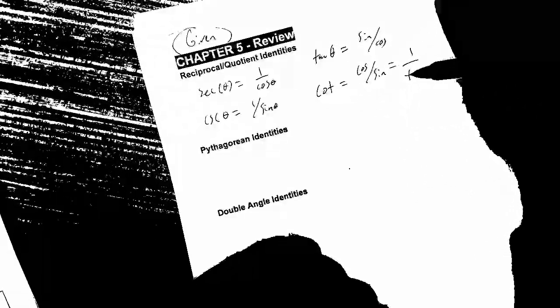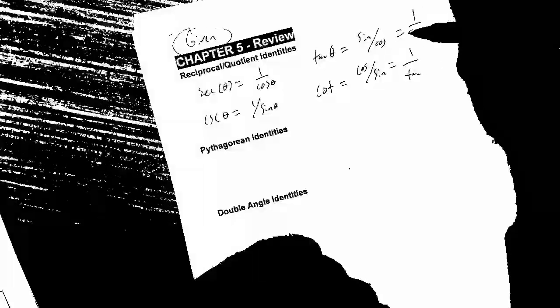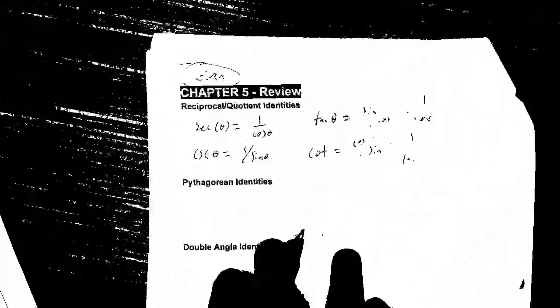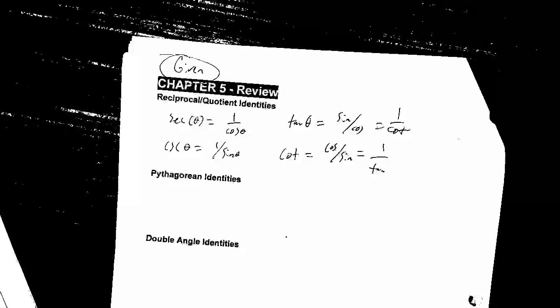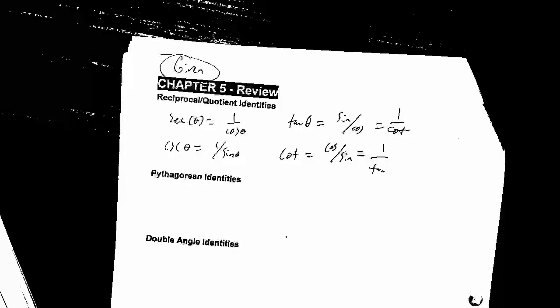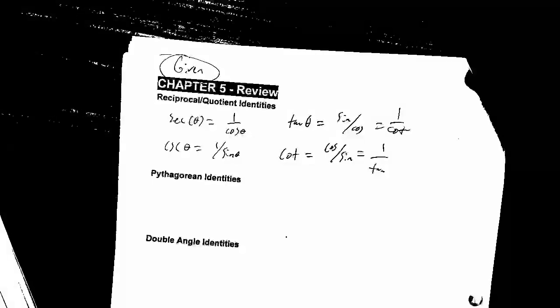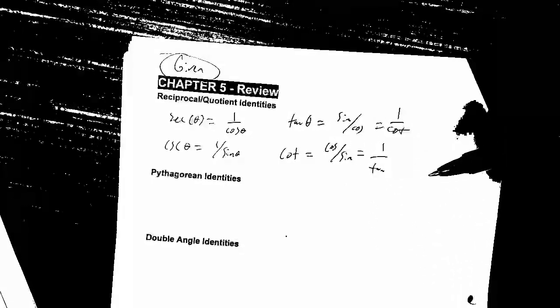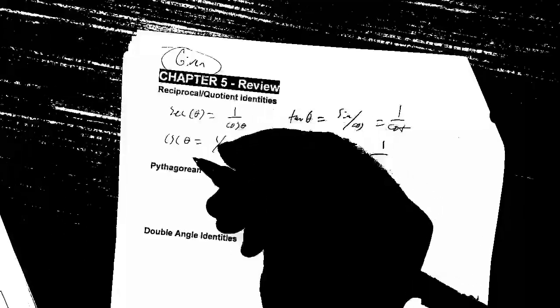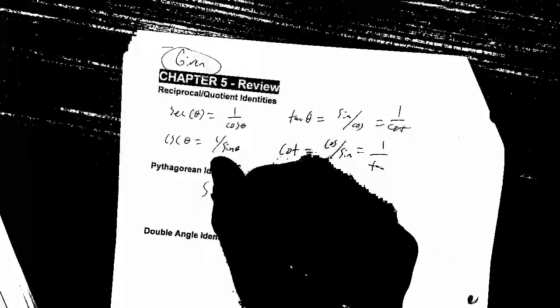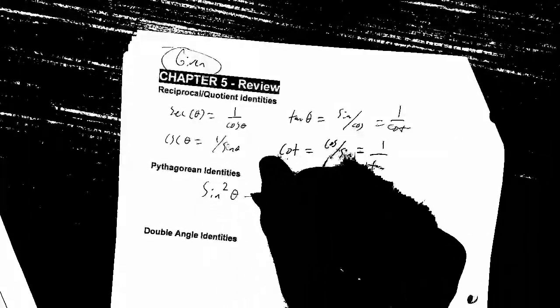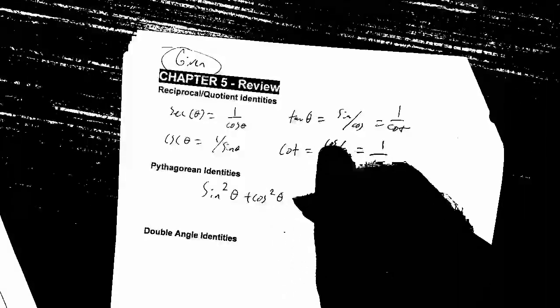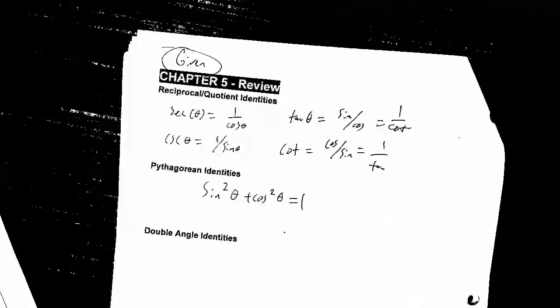Or it's 1 over tan, or this is 1 over cotangent, right? That's all these say, right? Right, and that sine is 1 over cosecant, and cosine is 1 over secant, right? That's what these say. The Pythagorean identity, the one you'll be given, is sine squared theta plus cosine squared theta equals 1. Okay.